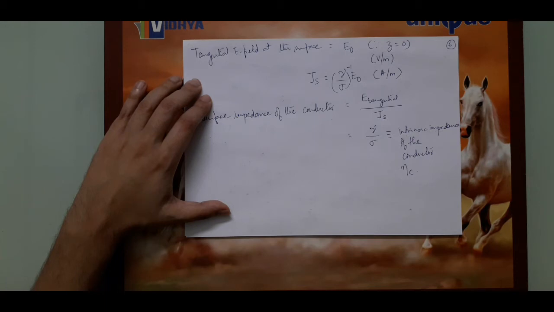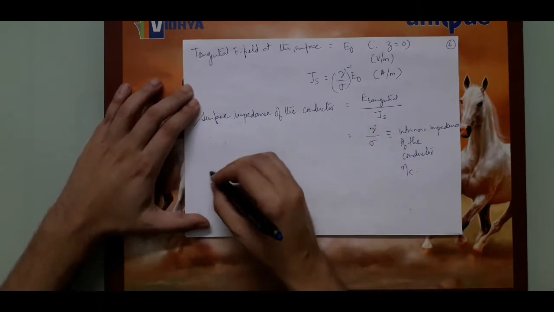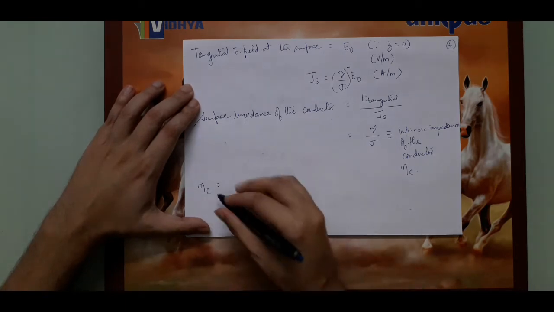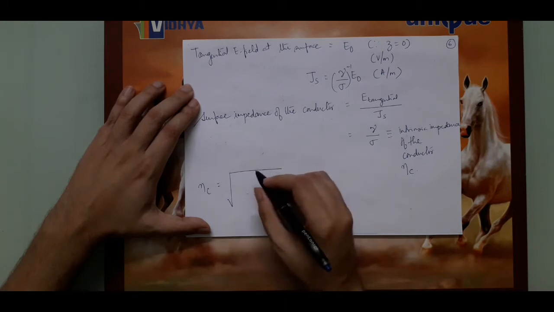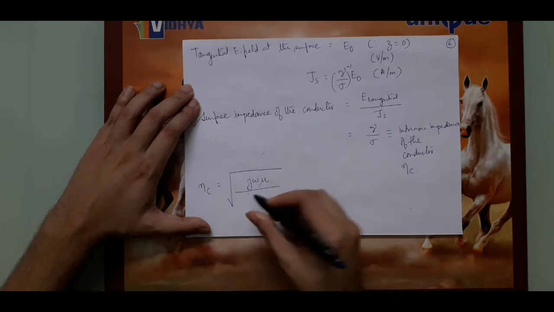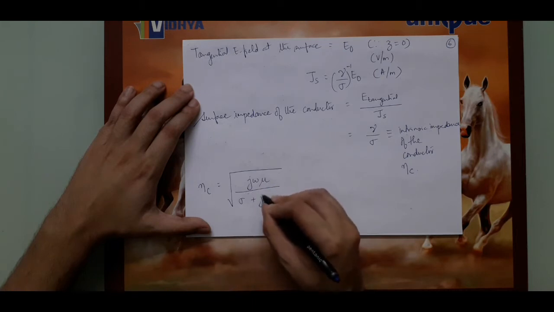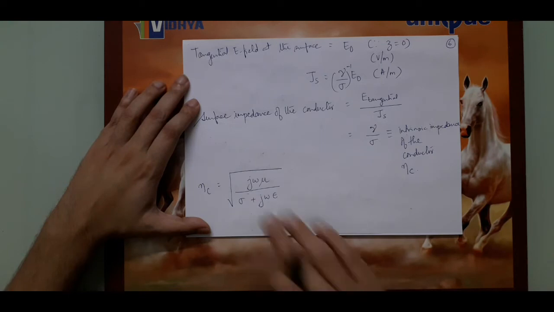So therefore, we can actually define this as, since we had defined using the Maxwell's equations in the previous class, in general we can say this is the expression for the intrinsic impedance for any lossy dielectric.